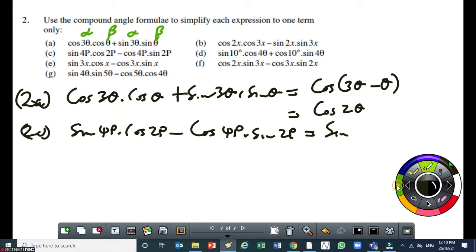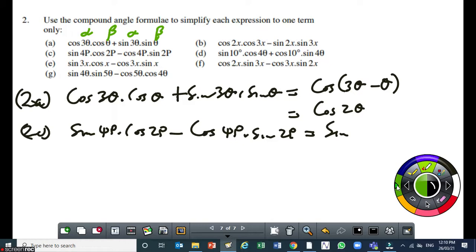Now you have to identify your alpha and your beta. The reason why I used alpha in my derivations is because your information sheet uses alpha and beta. It doesn't use x and y or a and b. If you look at the information sheet or NSC examination, it uses exactly the same equations that I have here.